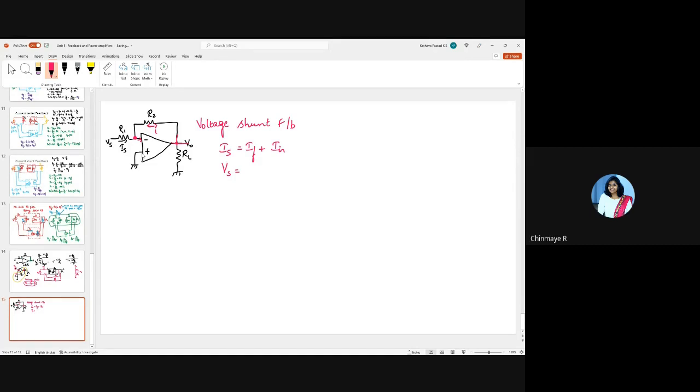No, you cannot, because this is always grounded. The voltage at this point is not at all changing. Correct? So therefore, you cannot express Vs as Vf plus Vn. Is it clear? So now, even if you're not able to identify at this stage, it's okay, because you will need some practice to identify it correctly. Once we do another couple of circuits, I'm sure you'll be able to understand how to identify.